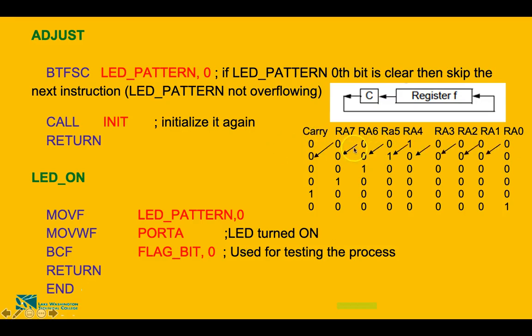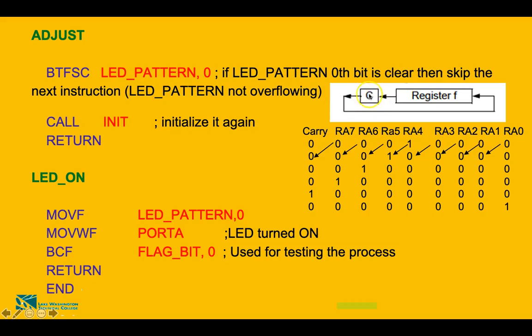Now you see here, after one rotation towards left, this is going to happen. So this 0 is going to go into the carry, and this 0 will go into this RA0 position, because you see this is the 8-bit register starting from RA0 to RA7, and this is the carry.